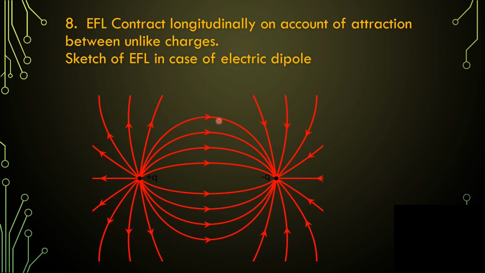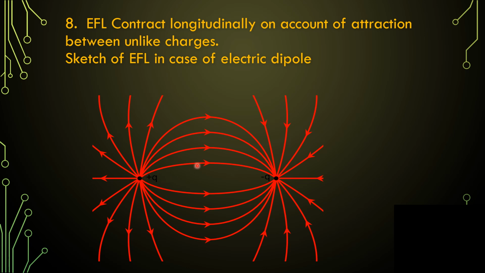Put the arrow mark like this, starting from the positive charge and ending on the negative charge. Please don't put the arrow mark in this direction, negative to positive. And you are observing here that these electric field lines contract longitudinally. Lengthwise it contracts, right? Because of attraction between the two charges, it contracts.